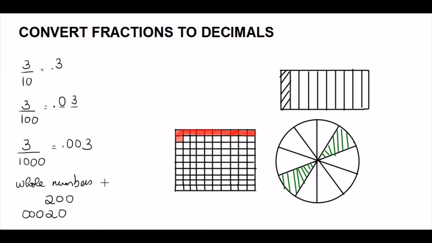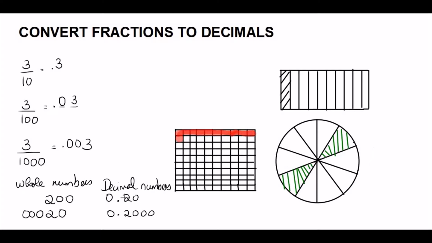Now let's take the case of decimal numbers. In case of decimal numbers, 0.20 and 0.2 is the same. If you add zeros after the number, that is after the tenths place, these two numbers are the same. It is not going to have any change in the value.